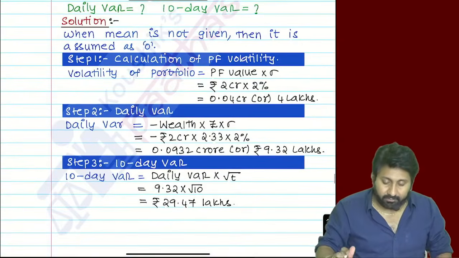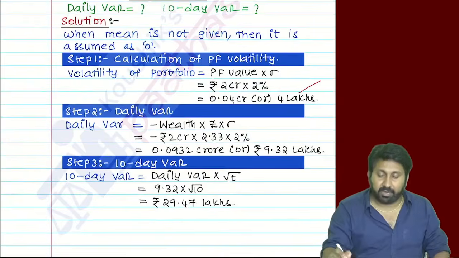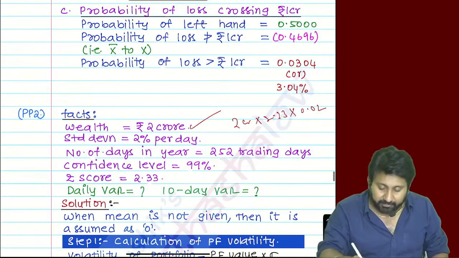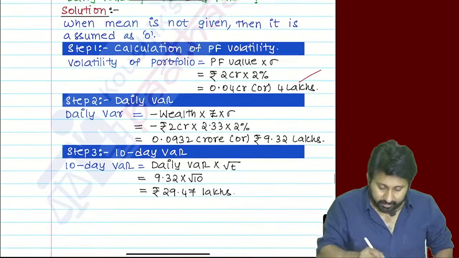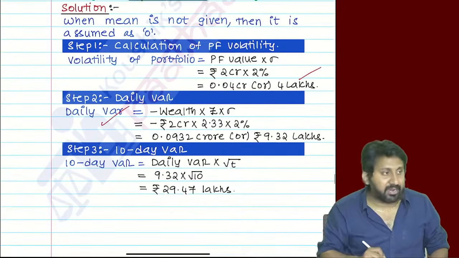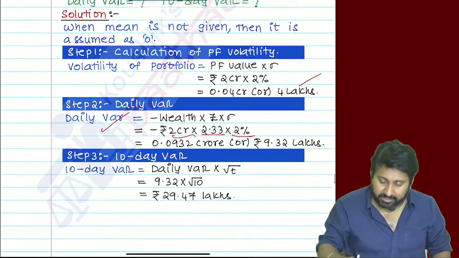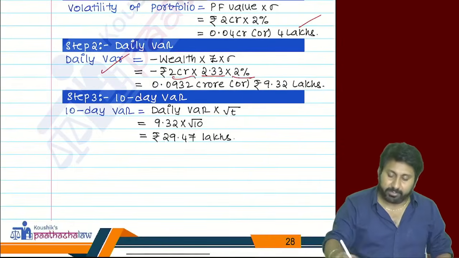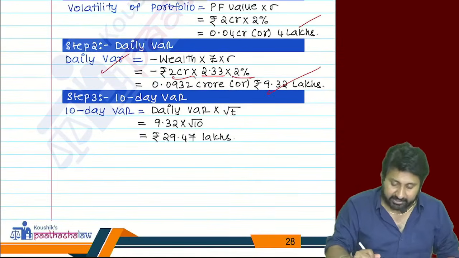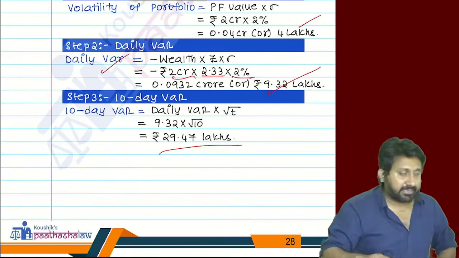Volatility of the portfolio is portfolio value into standard deviation, 4 lakh. So daily VaR is minus 2 crore into 2.33 into 2%, which is 9.32 lakhs. 10-day VaR, into root 10, is 29.47 lakhs.